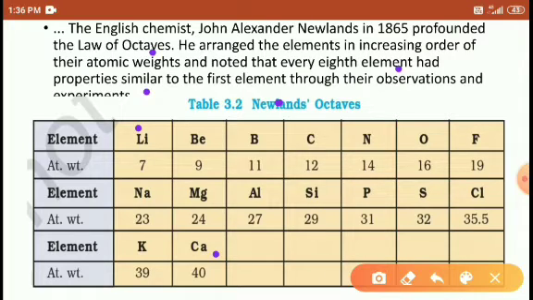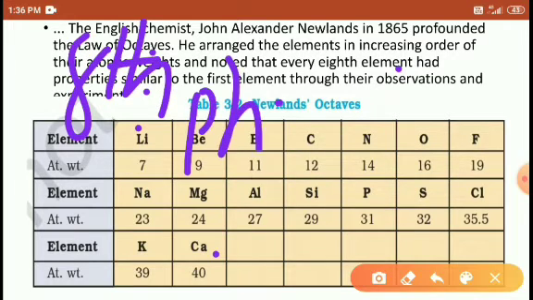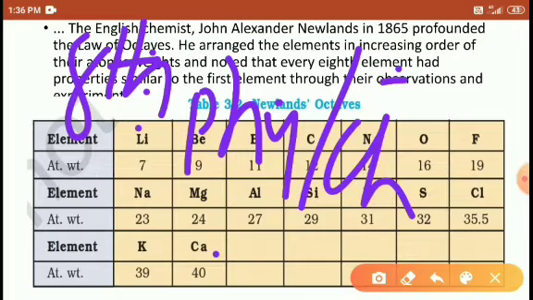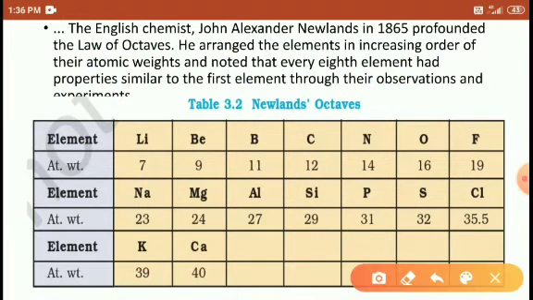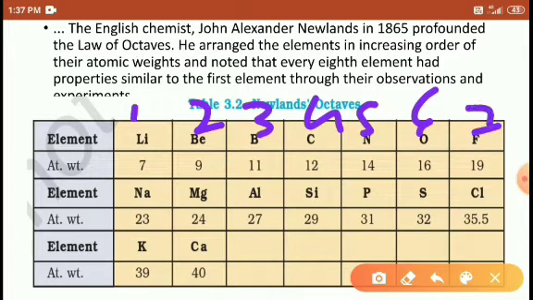Every eighth element has physical and chemical properties similar to the first element. Right, students? So look here, students. Lithium is considered the first element, means the first, second, third, fourth, fifth, sixth, seventh, and sodium is the eighth element.